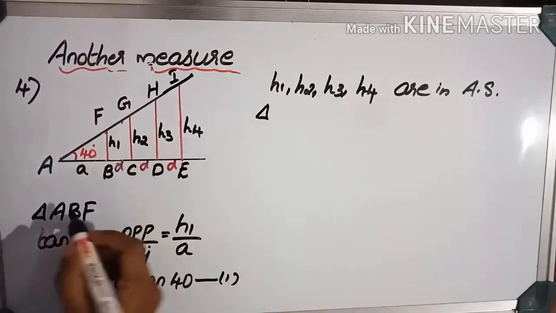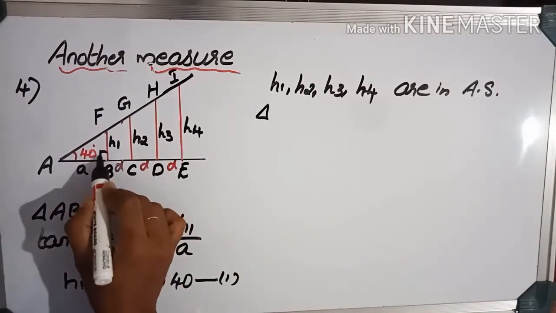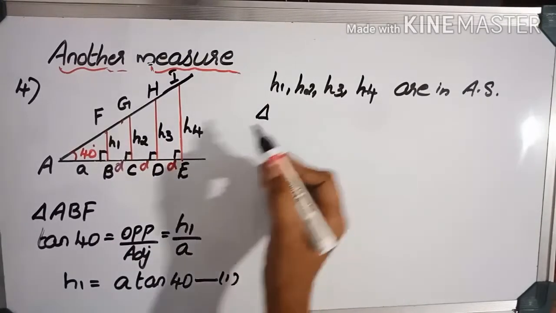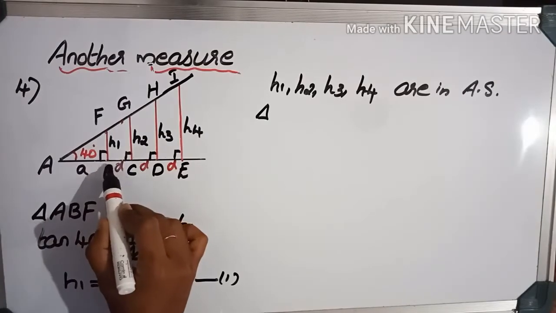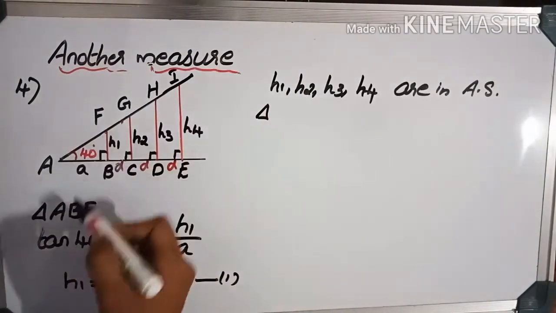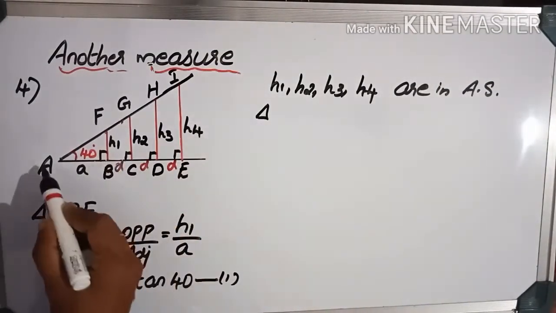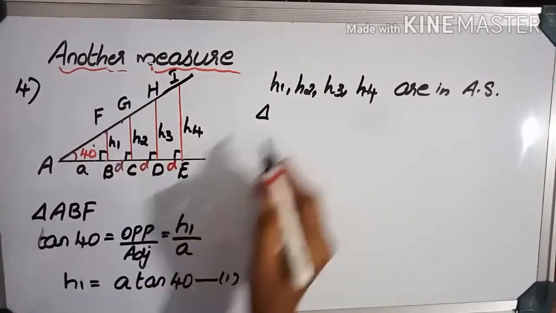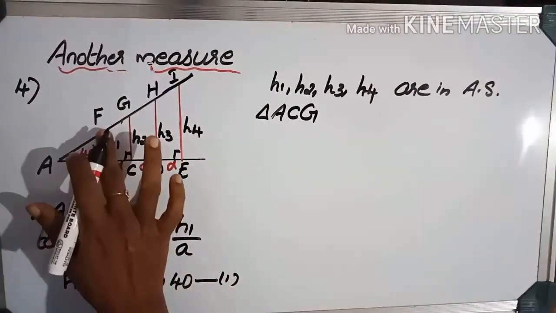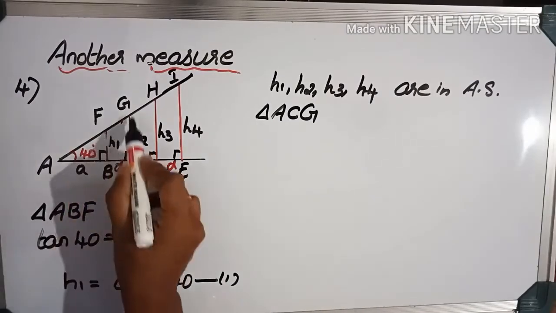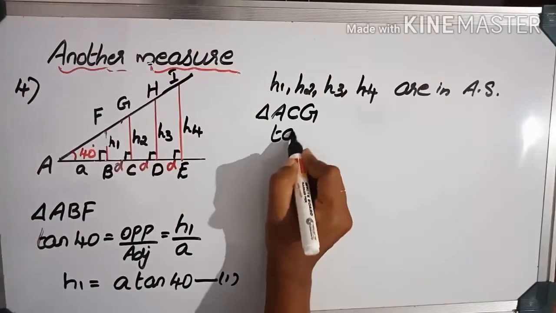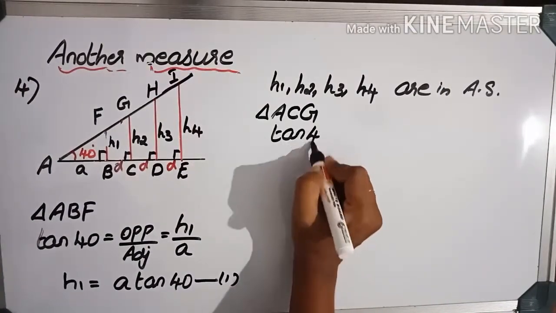Similarly, consider the next triangle. All are perpendicular. Triangle ABF we already considered. Next we need h2, so we have to consider triangle ACG, the whole triangle from A to C, C to G. Here also tan 40, because we need to find h2.